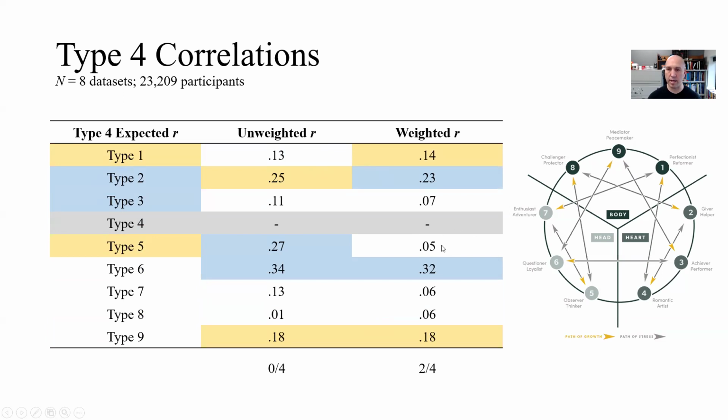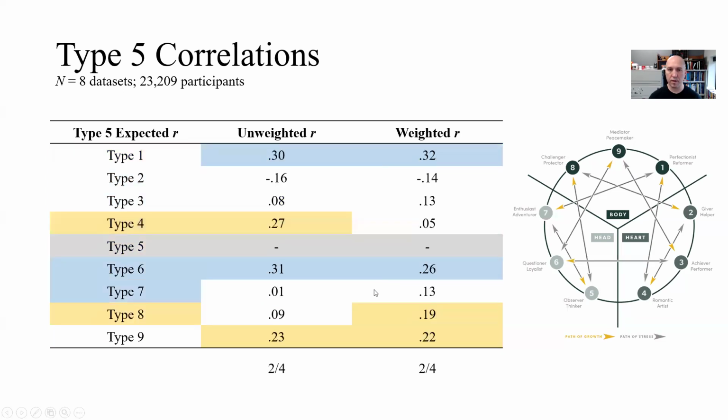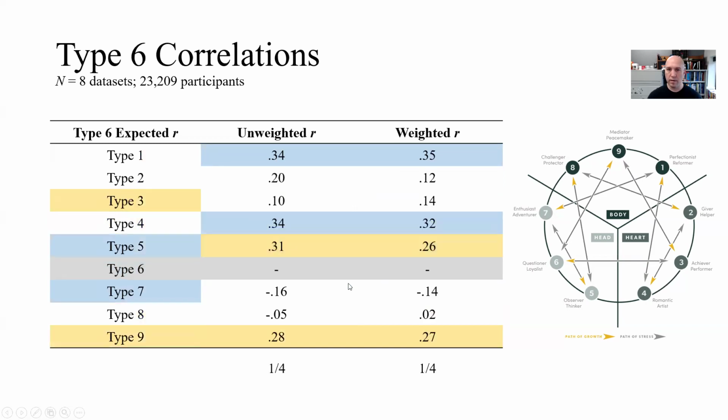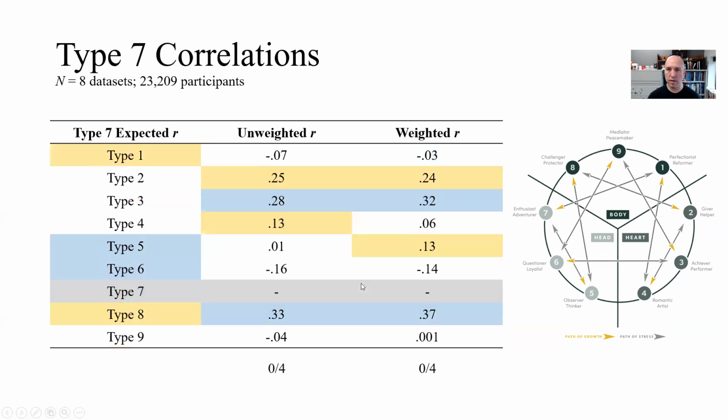That would suggest that those bigger data sets perhaps are a little bit more accurate, but this could also just be coincidence, and those data sets aren't actually any better. For type 5s, we see 2 out of 4 for both weighted and unweighted. Type 6s, 1 out of 4 for both. Type 7s, 0 out of 4 for both.